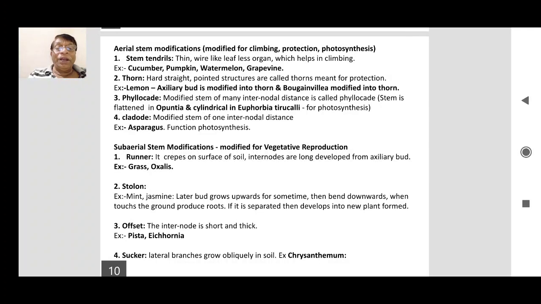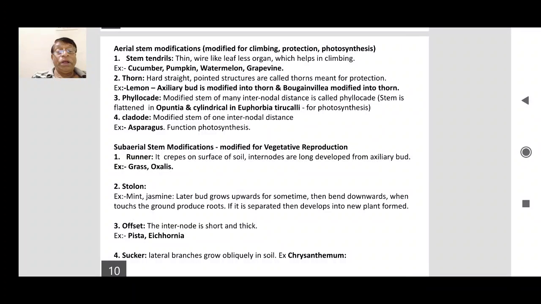At the nodal region, lateral branch develops, which is thick and fleshy and short. That is, internodes are short. If it is cut, it leads an independent life. That is offset.